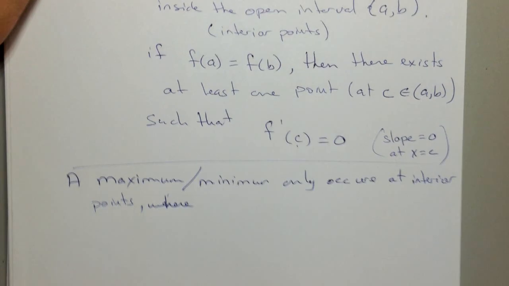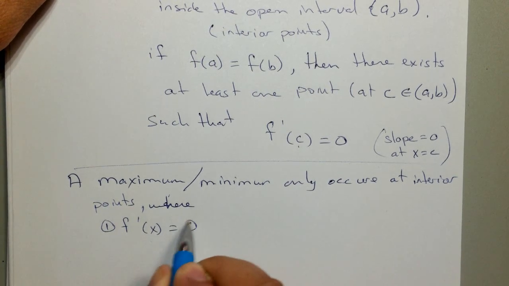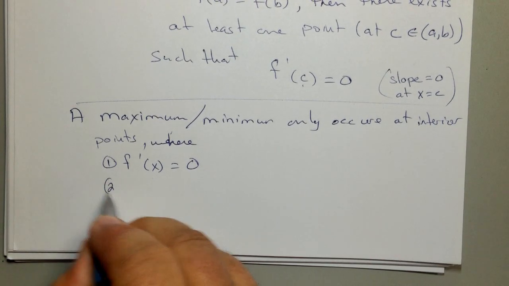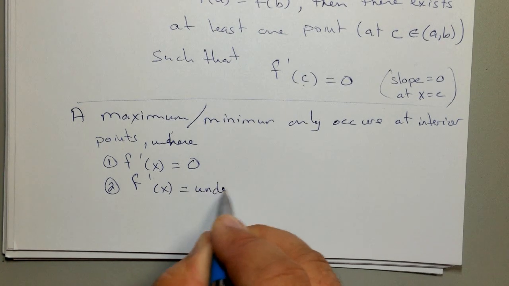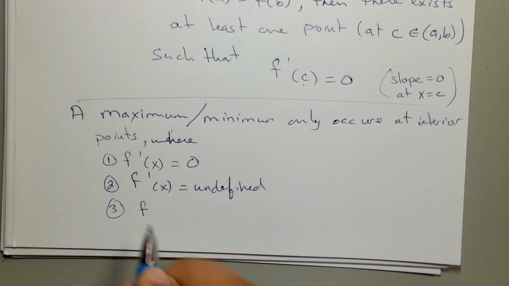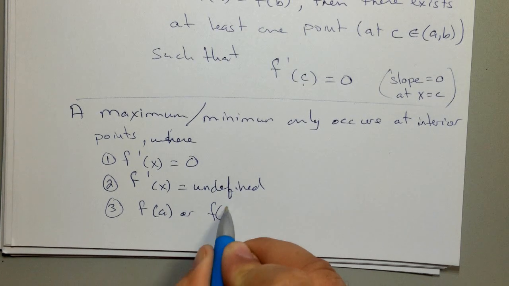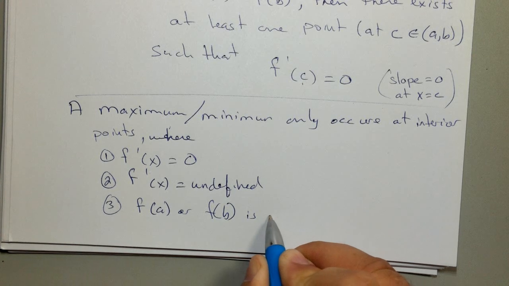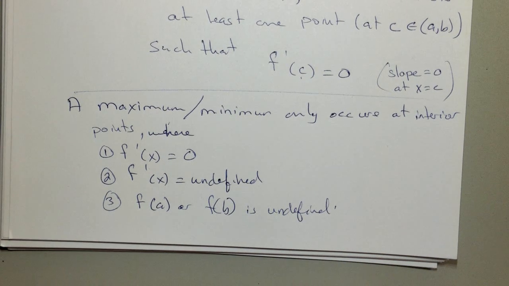Where the following three conditions apply: f prime of x is equal to 0, f prime of x is undefined, or f of a or f of b is undefined. Not possible to get to.